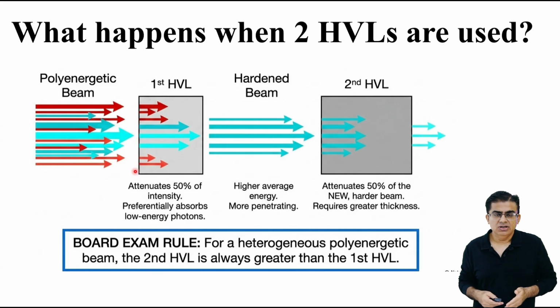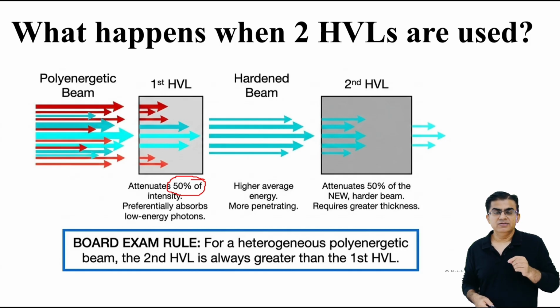As you already know, this first shielding block successfully attenuates exactly 50% of the beam intensity. But please remember our physics rule about physical filters. The first block will easily absorb and completely stop the weak low energy photons first.